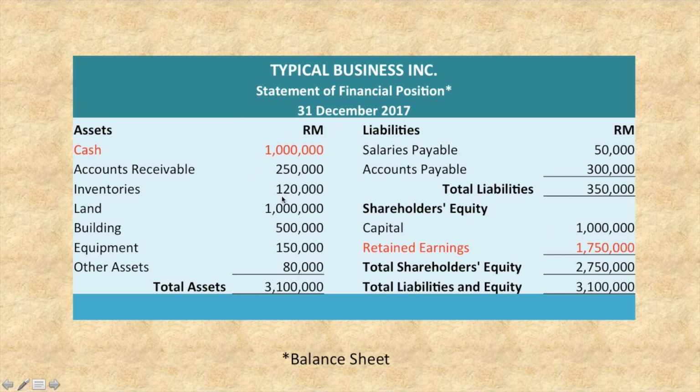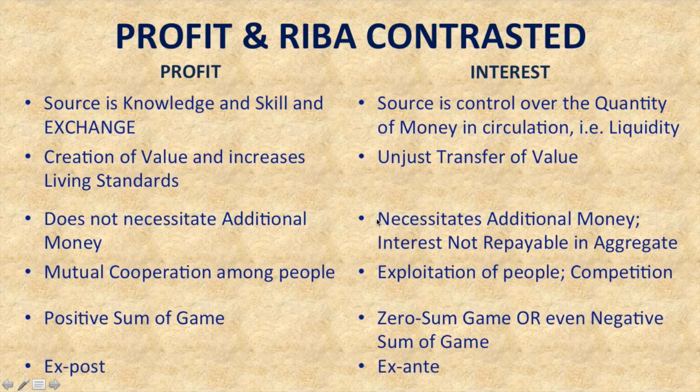The same cash can circulate in the economy and thereby increase return earnings and assets in the economy. However, interest necessitates additional money if you do not want to see people default, because interest is not repayable in aggregate.